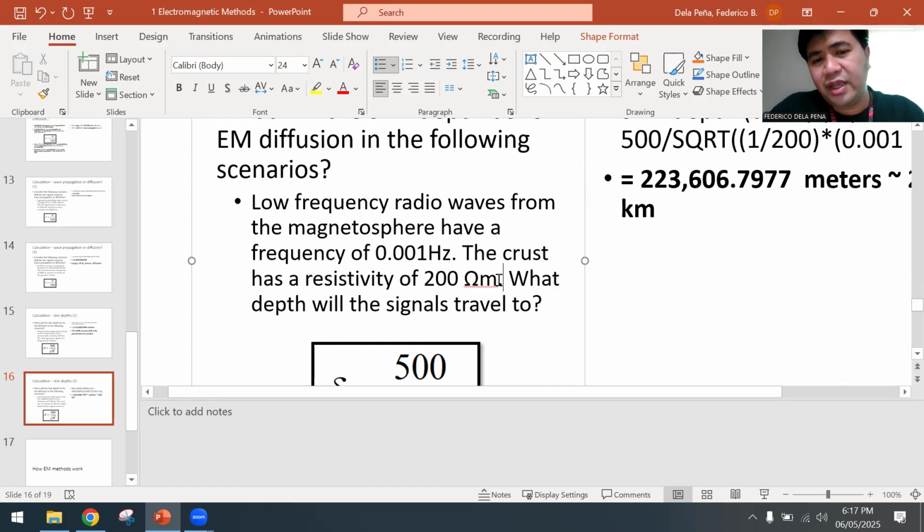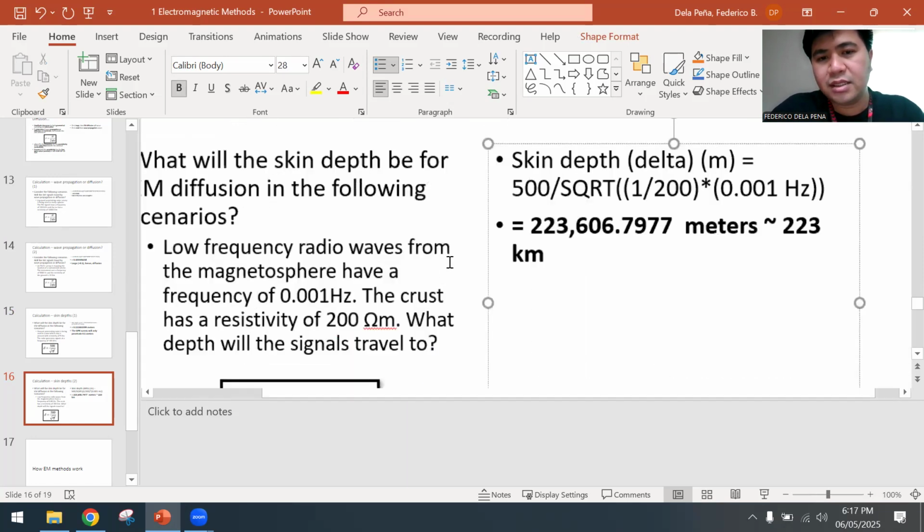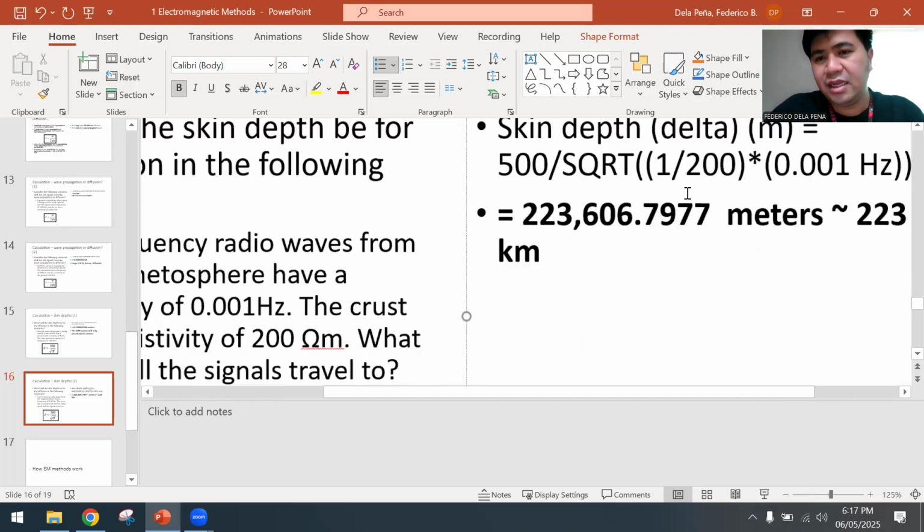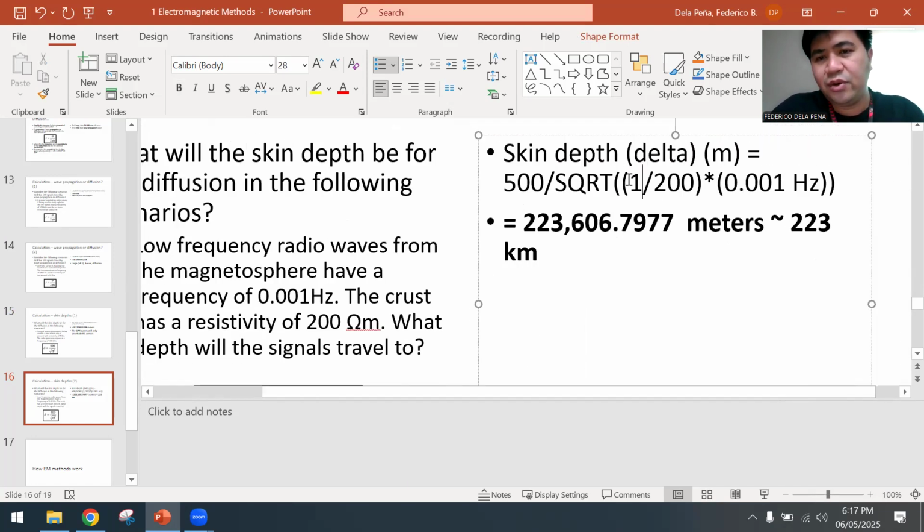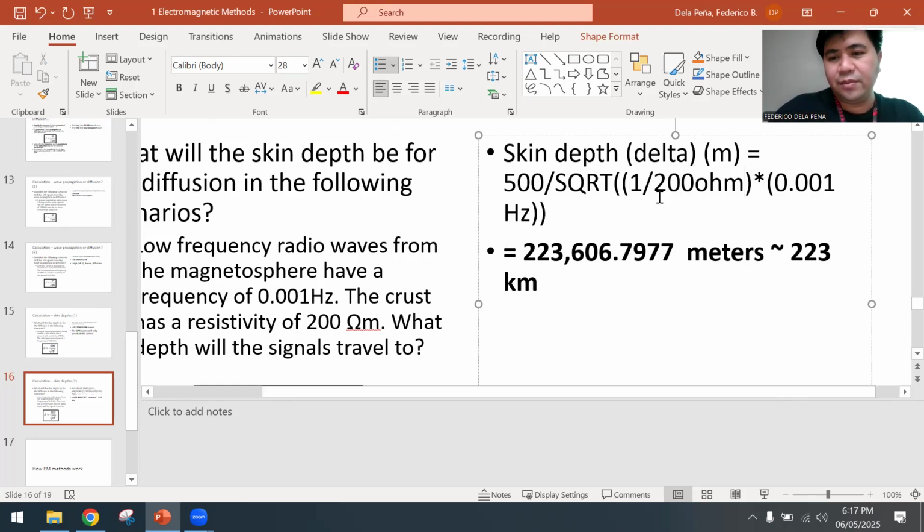And the crust of the Earth has an average resistivity of around 200 ohm meters. So how deep will this signal travel? Again, this is your conductivity term: just get the inverse of 200 ohm meters.